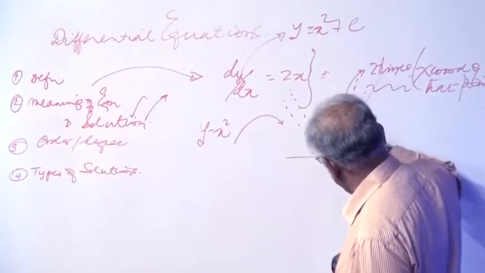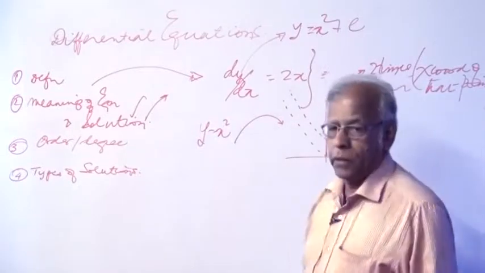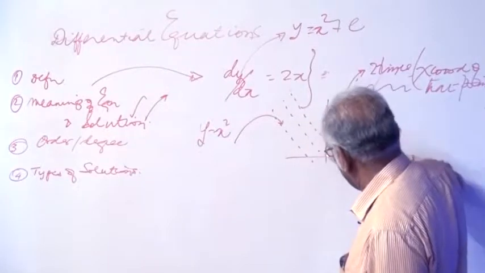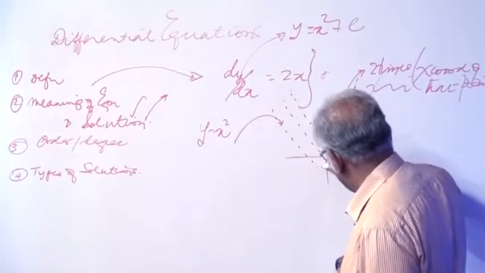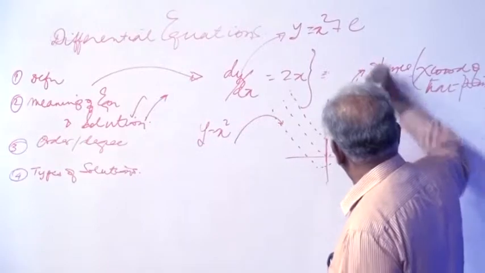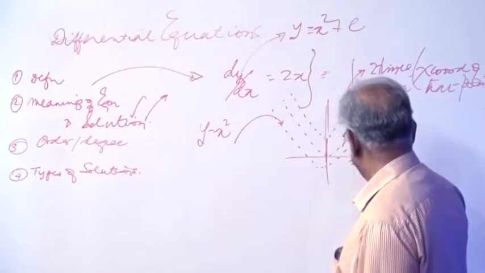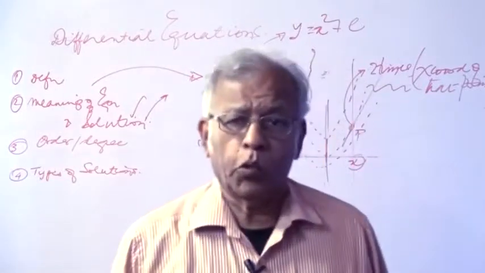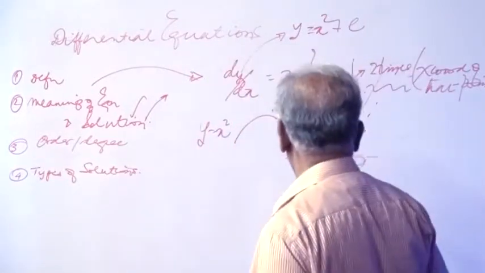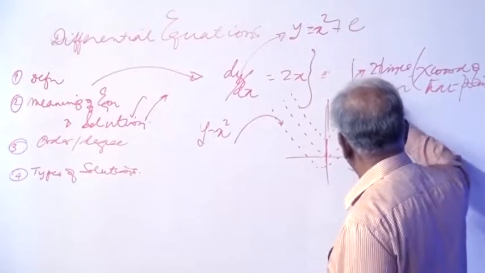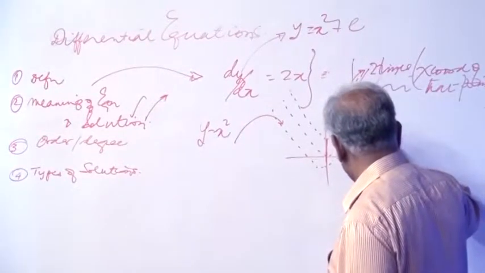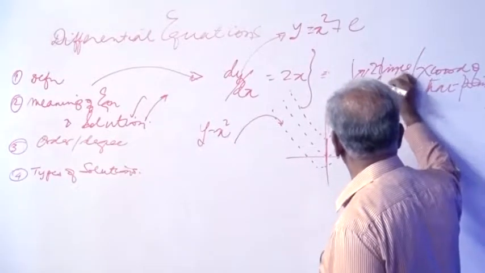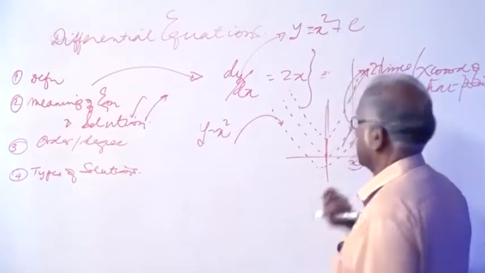So this is the value of one C. You can have a negative C, that means another parabola which goes like this. For any particular x, the slope is equal to twice the x coordinate. In other words, the tangents here, here, and here, they all become parallel to each other. These tangents have the same slope, so they are parallel to each other.